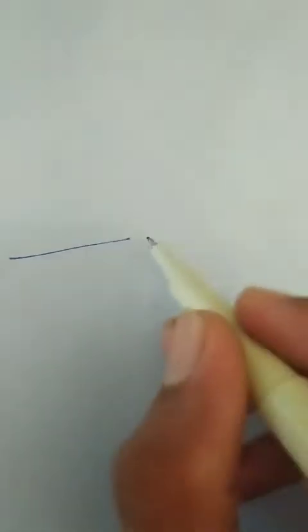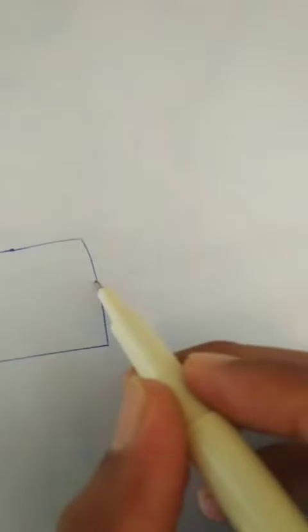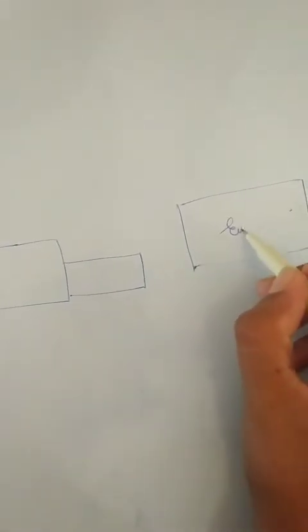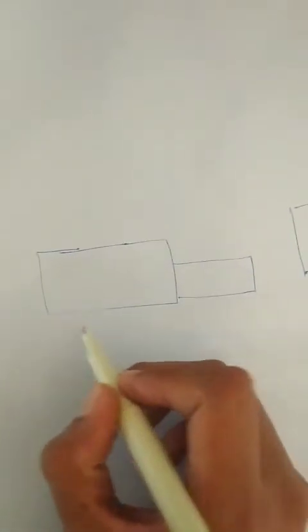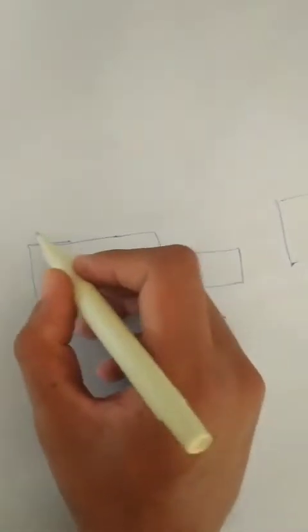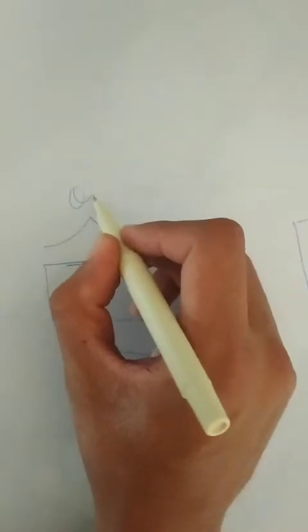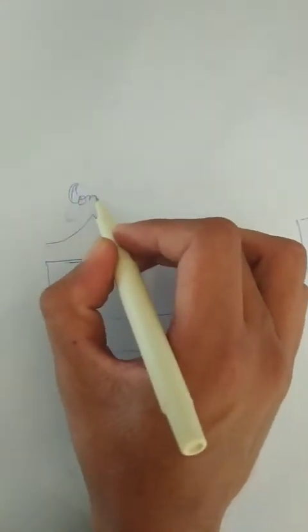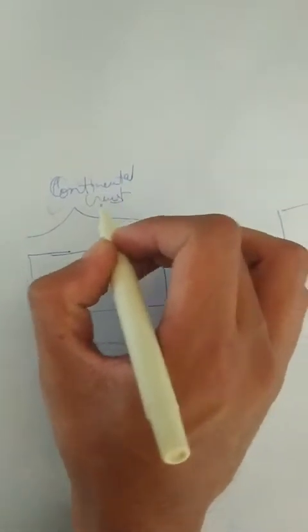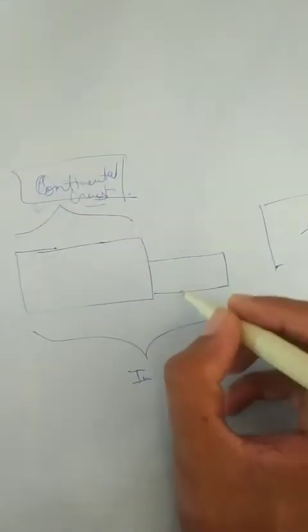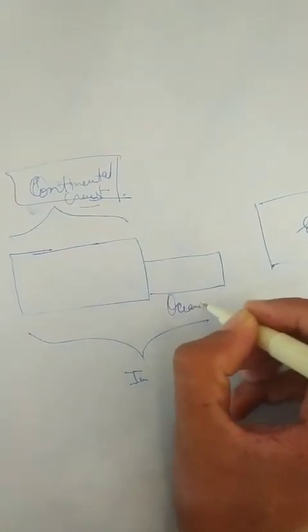So this was the Indian plate and this was the Eurasian plate, and this whole part was the Indian plate. This was the continental part of the Indian plate, and this was the oceanic part of the Indian plate.